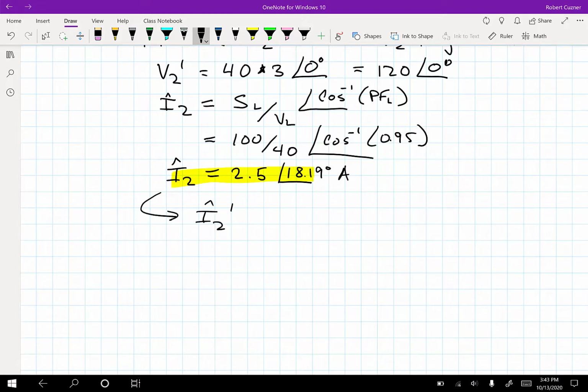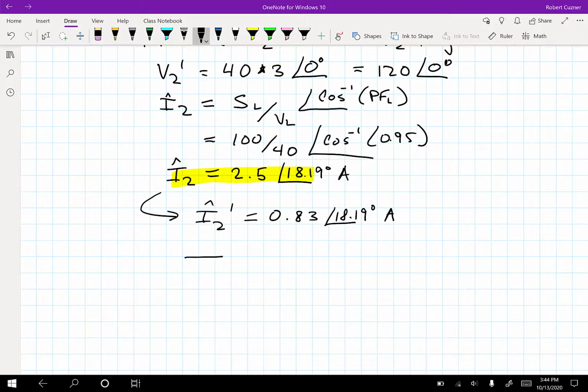So I2 prime is going to be 2.5 divided by 3, which is 0.83 amps. If we know that, then we can use a current divider to find I1.